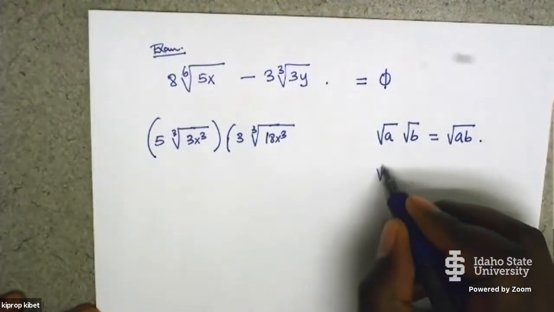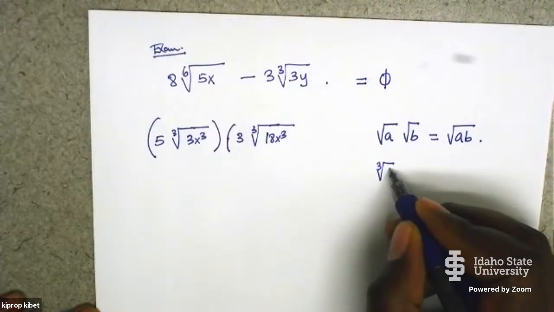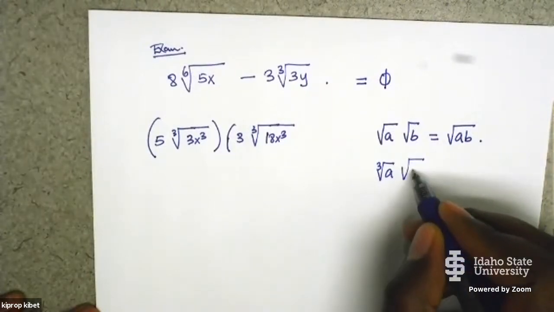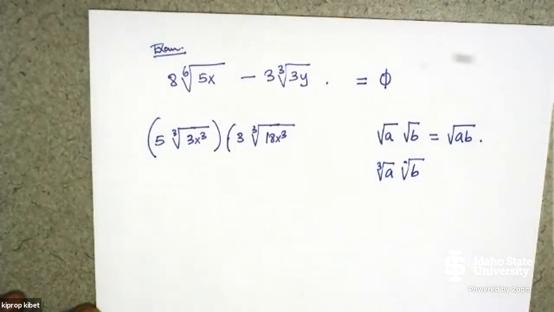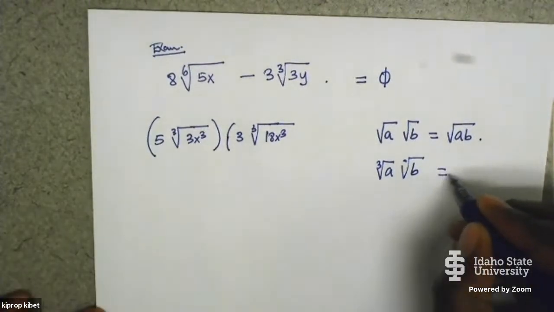If you have the cube root of, let's say, A, and the square root of B, then you cannot do that. It still just remains the same.